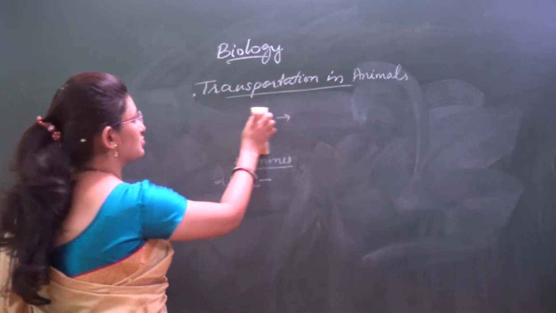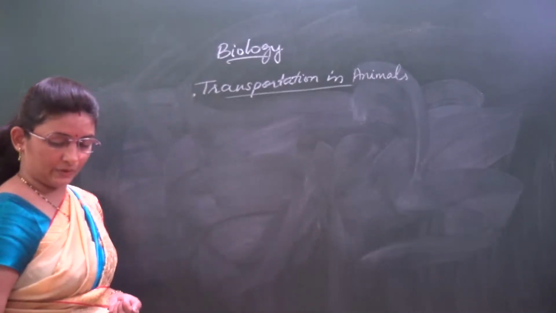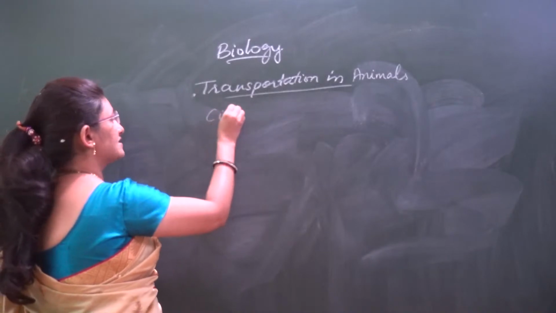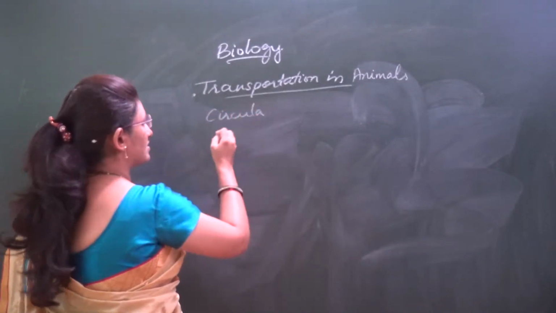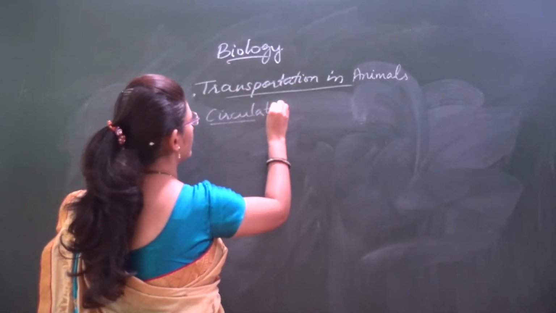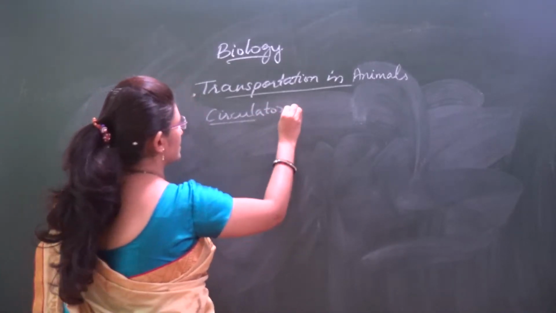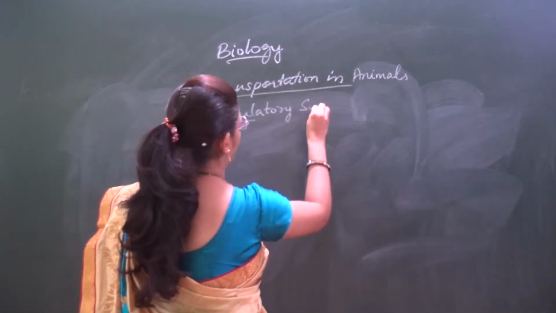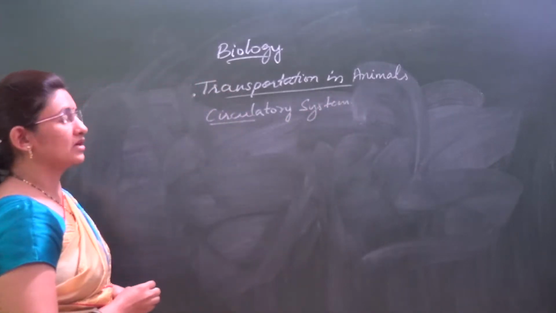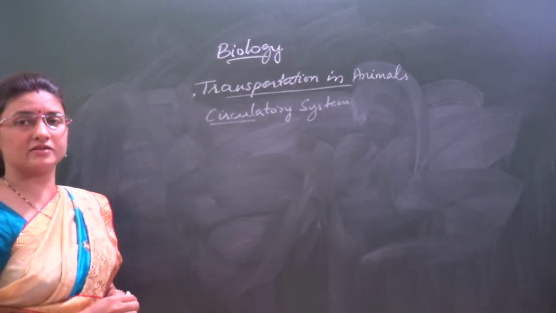So a perfect transport system is required, and that we call the circulatory system. The transportation by the circulatory system is of different types in different organisms.